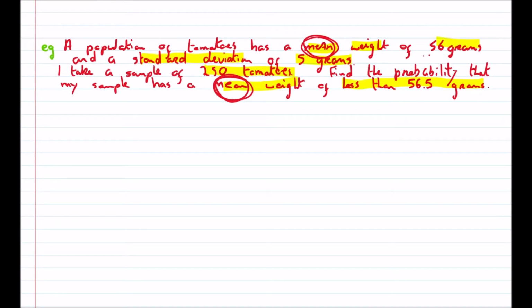So here's our z-score, bearing in mind that we're comparing two means. So it's z equals x minus mu all over.